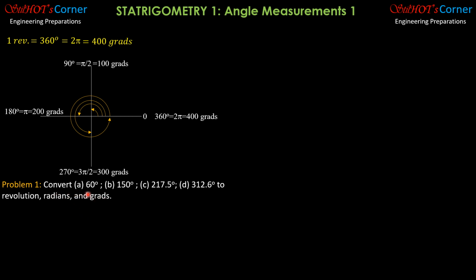So here is the first problem. Convert A, 60 degrees, B, 150 degrees, C, 217.5 degrees, and D, 312.6 degrees to revolutions, radians, and grads. So 60 degrees, for converting it to revolutions, we multiply it by one revolution per 360 degrees.